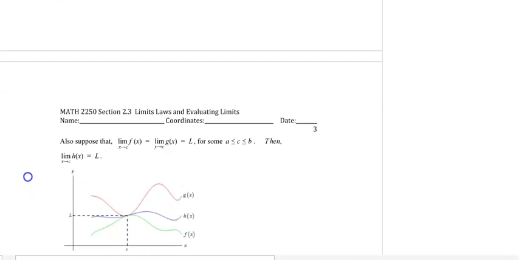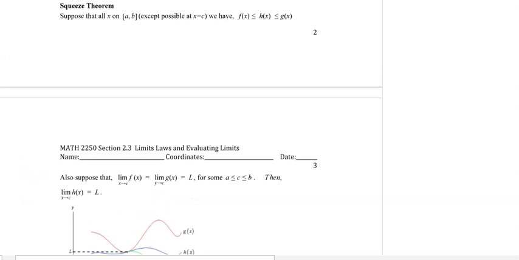One is higher and one is lower, and both of them must have the same limit value at the point where we want to evaluate the middle function.